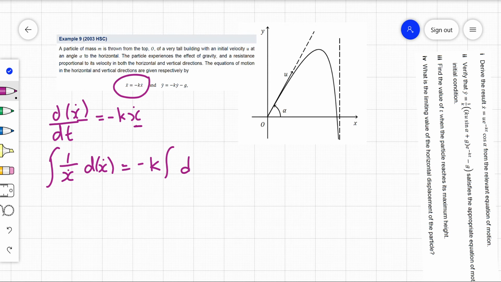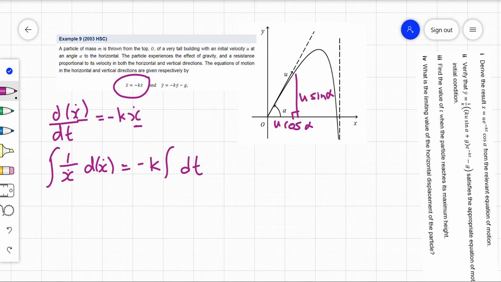So I'm differentiating with respect to t here. All right, in that case, just think of our limits. So x dot would be our horizontal velocity. So horizontally, if we've got a certain velocity u to start with, this would be u sine alpha, and this would be u cos alpha.